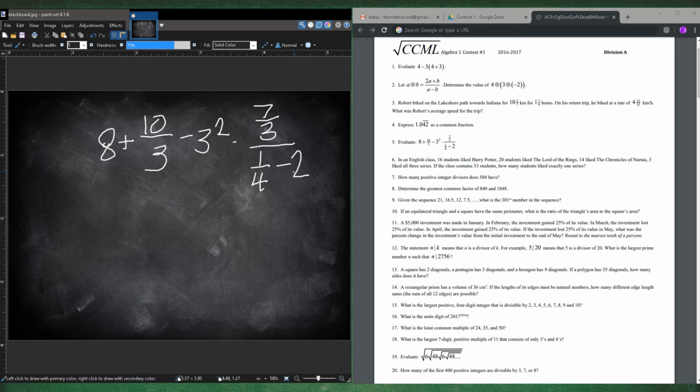So 7 divided by 3 divided by 1/4 minus 2 multiplied by 9 multiplied by -1 because there's a negative of that entire side. And then you add that to 10 divided by 3. Then you add 8, which gets you 70 over 3. I don't know why this question is on the CCML. You basically just plug everything in and you solve it.